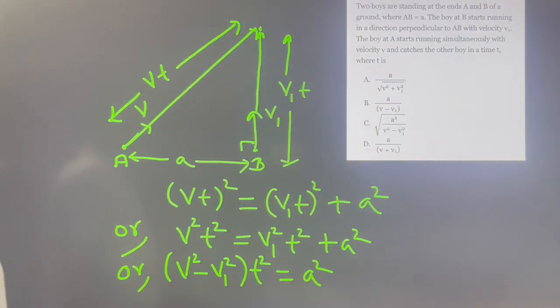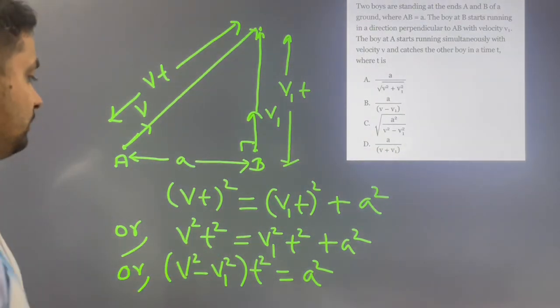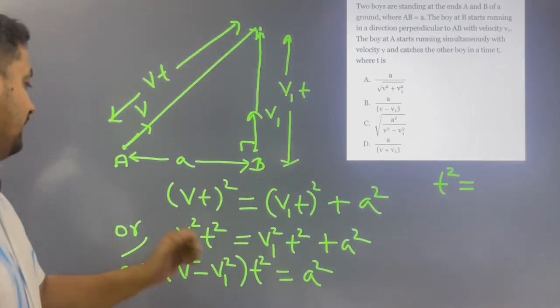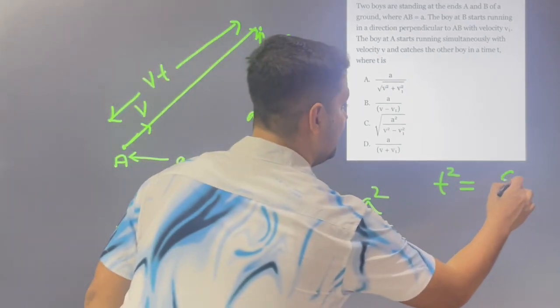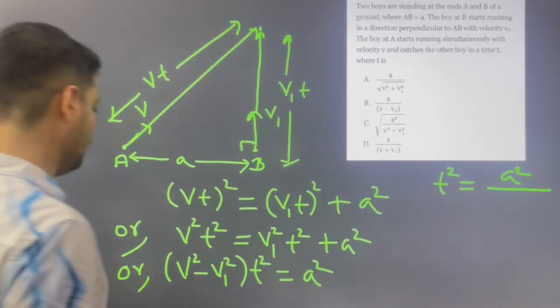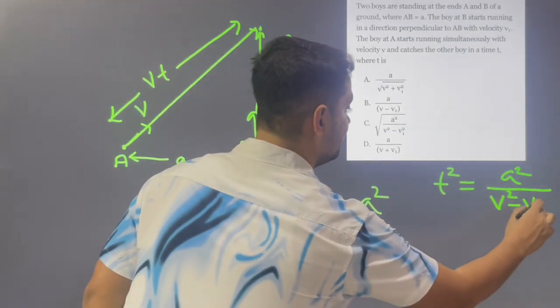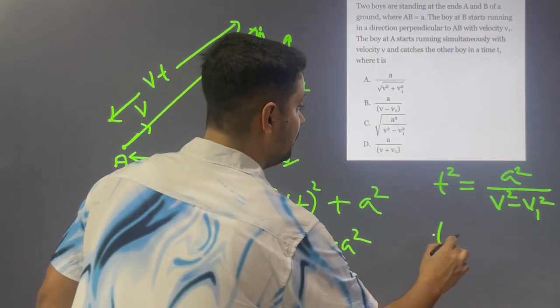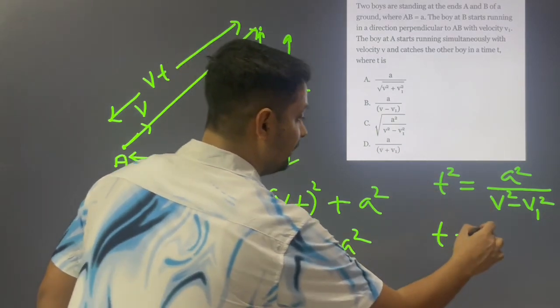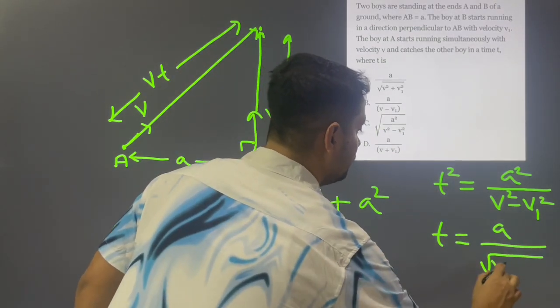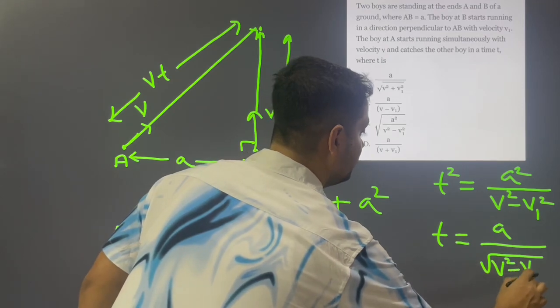Correct? So here we have to find the t value. Then t square is A square divided by V square minus V1 square. So when we take the root, t will be A divided by root under V square minus V1 square.